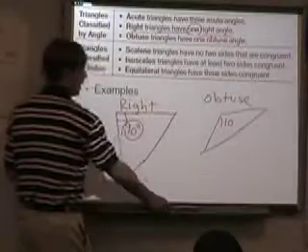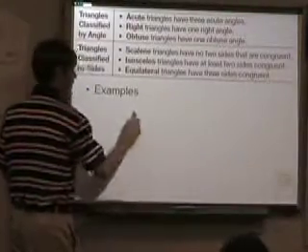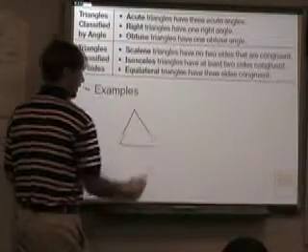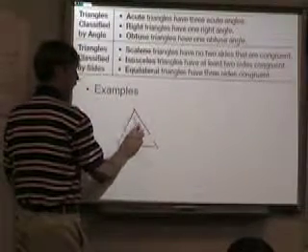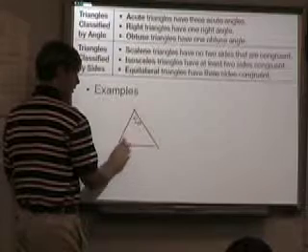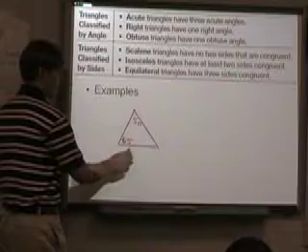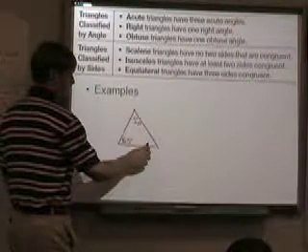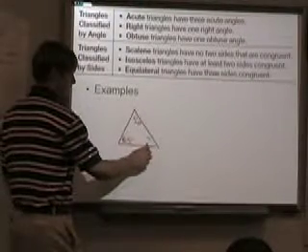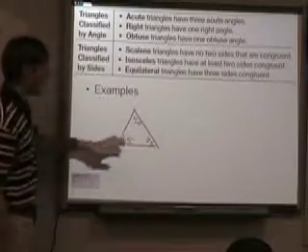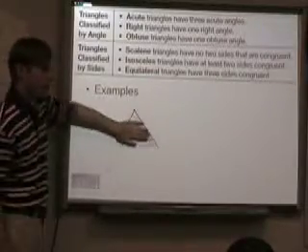Lastly, what if we have a triangle with all three angles less than 90? Let's say this is 50, 65, and 65. So all three angles are what? Acute.